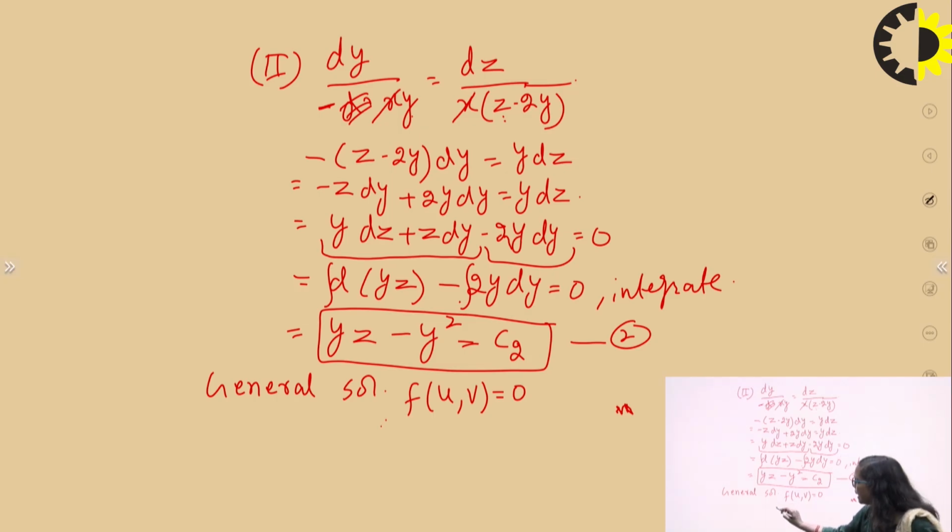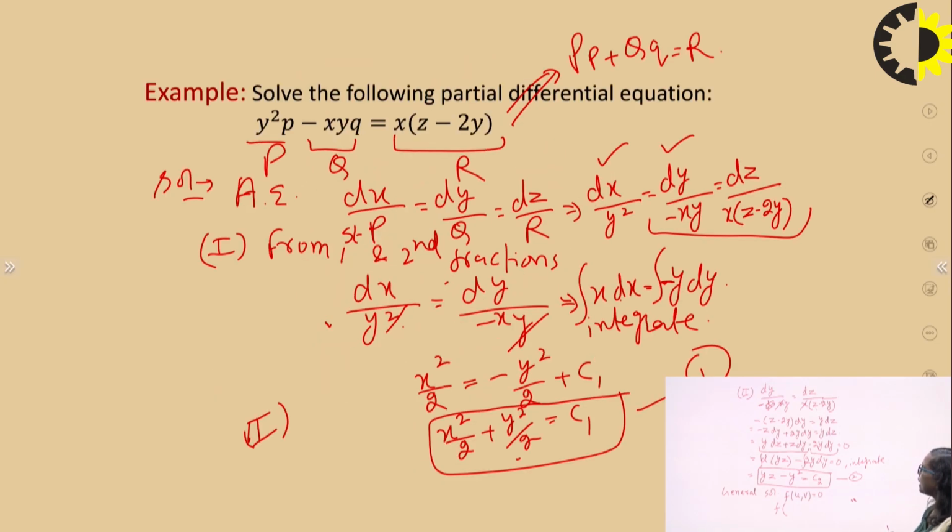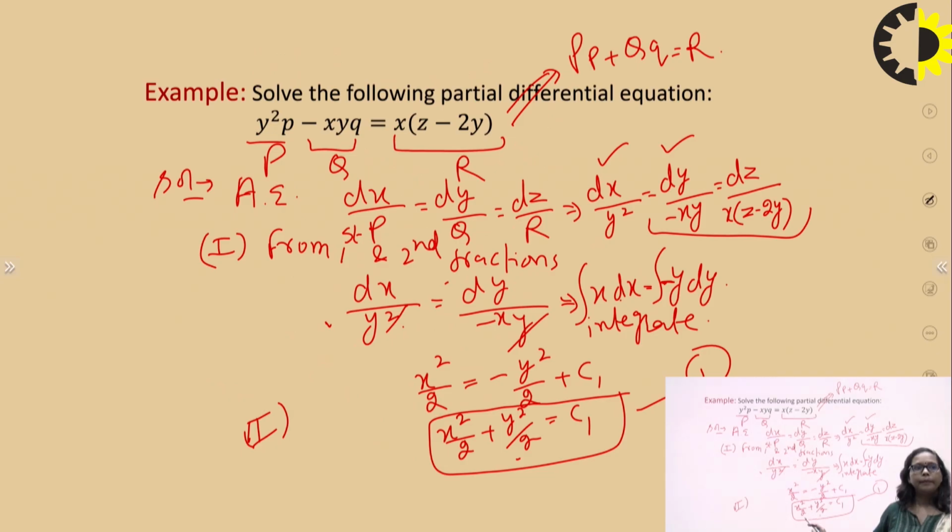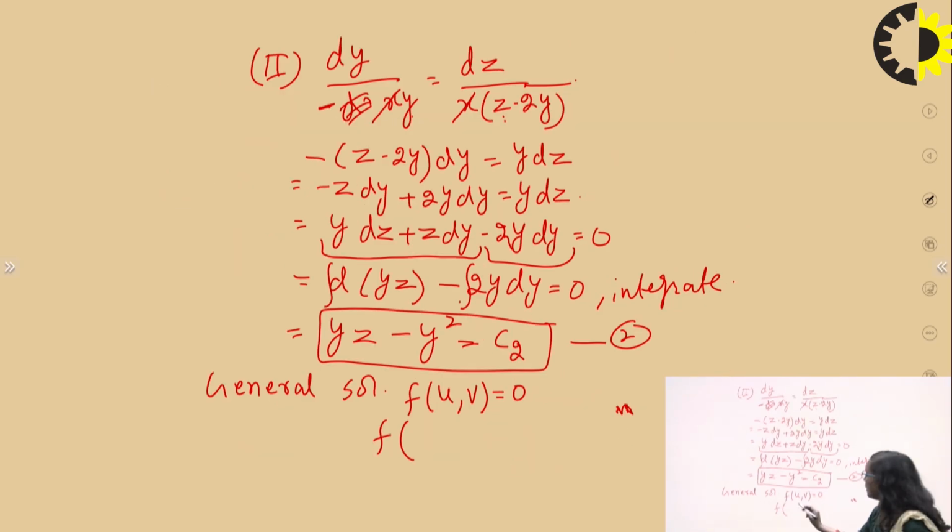So finally, I write f of u. What is this u? u is my first independent solution. If I look at my last slide, this is u: x square by 2 plus y square by 2, which is equated to C1. So I can write over here x square by 2 plus y square by 2 comma v.